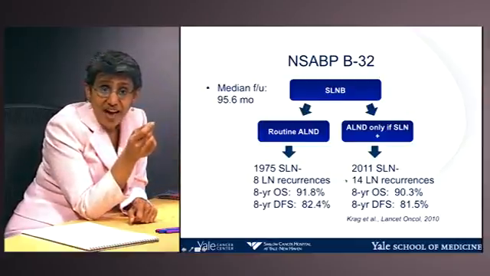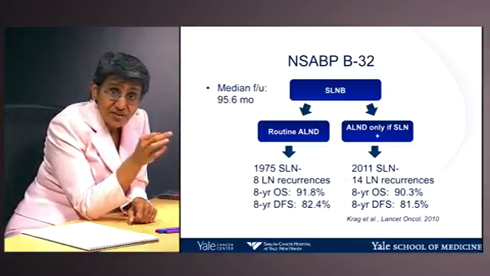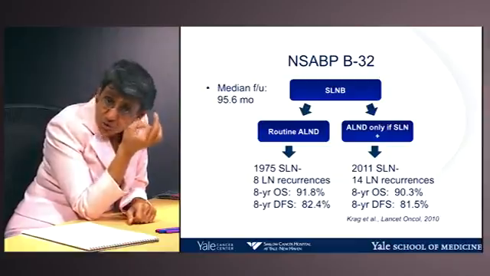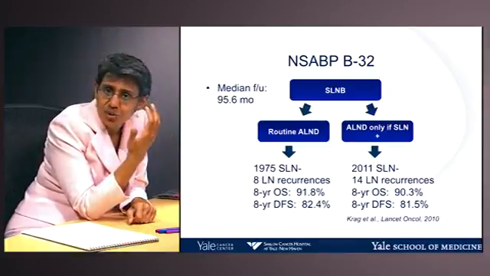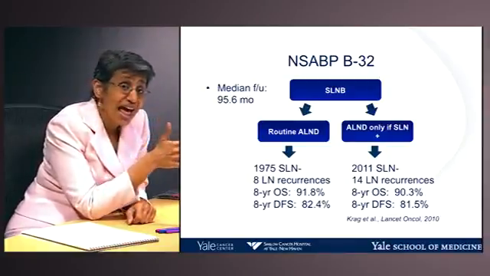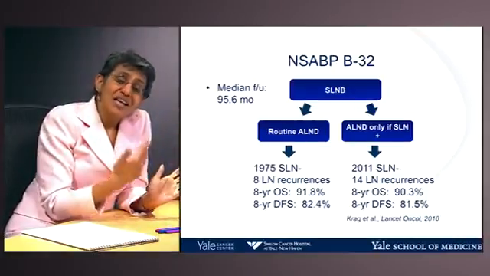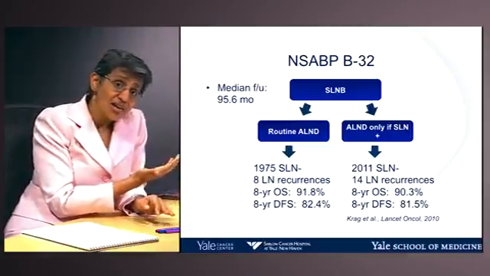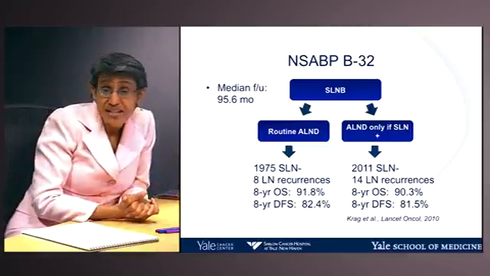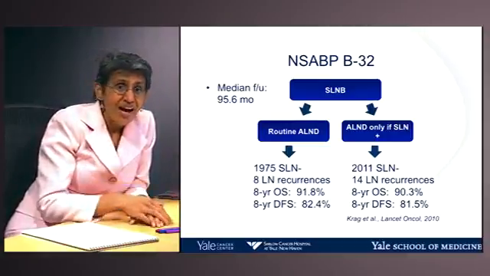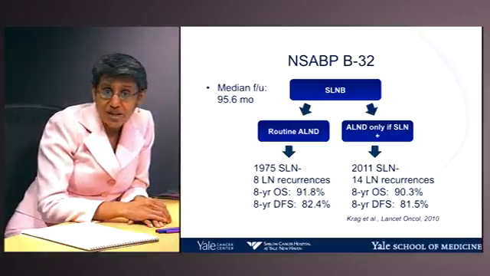That reflects the fact that if the sentinel lymph node was negative, it truly was negative for the vast majority of patients. And we knew that looking at the previous studies that I showed you. So it's because of those studies and this trial that sentinel lymph node biopsy has really become the mainstay of lymph node evaluation for patients with breast cancer.